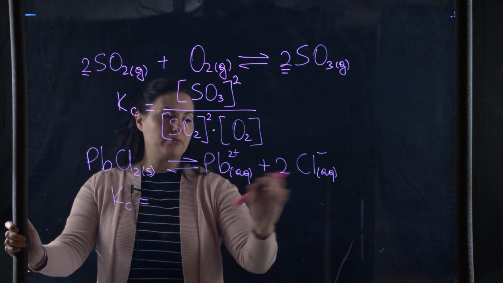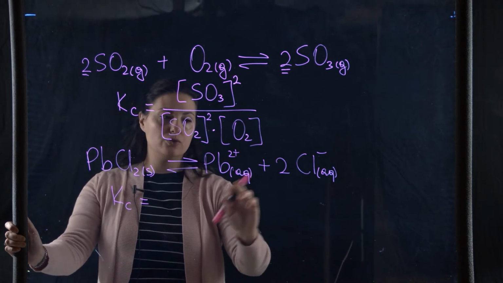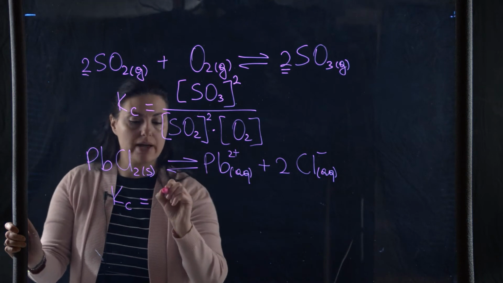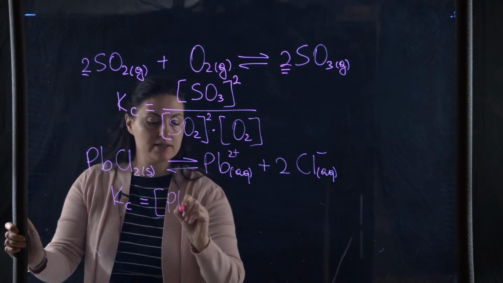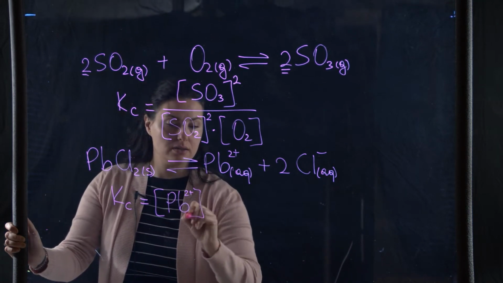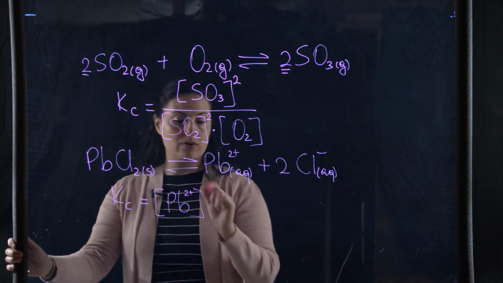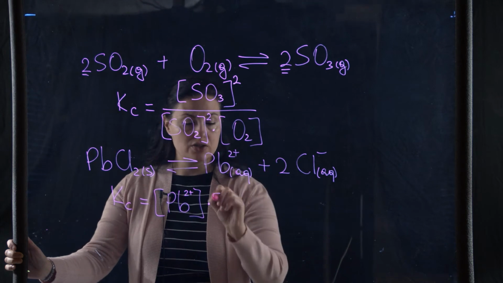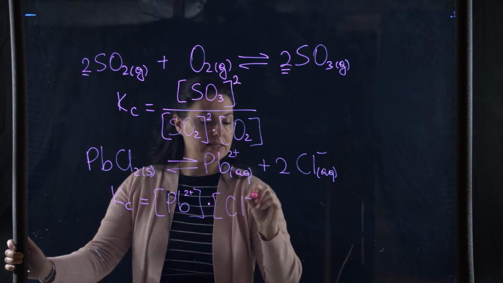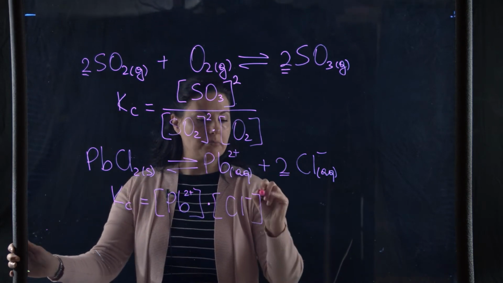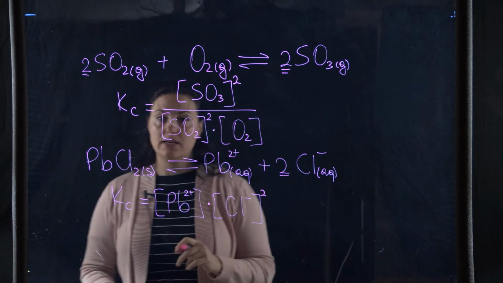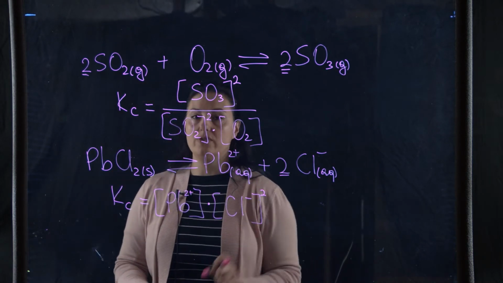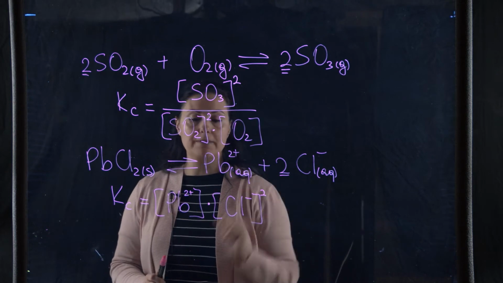On my product side, I have lead 2 plus and chlorine minus, so I'll write the concentration of lead 2 plus. I don't need to raise it to any power because the molar coefficient is 1, multiplied by the concentration of chlorine minus, raised to the second power, because it is the molar coefficient in front of chlorine.